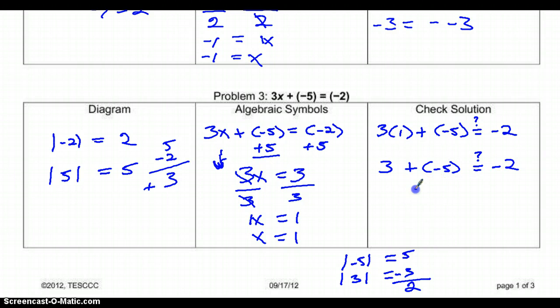So we wind up with a -2 on this side, and it does indeed equal a -2. So we get an identity, and our answer is actually true.